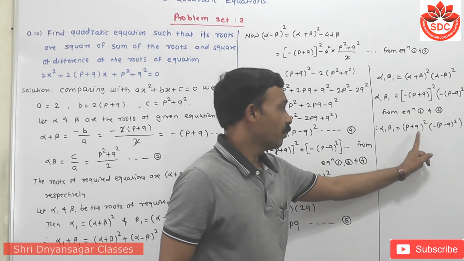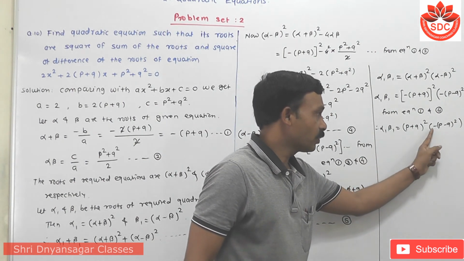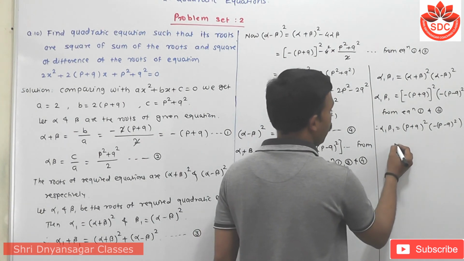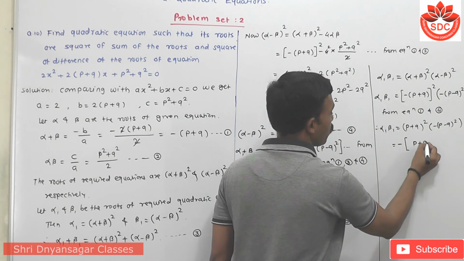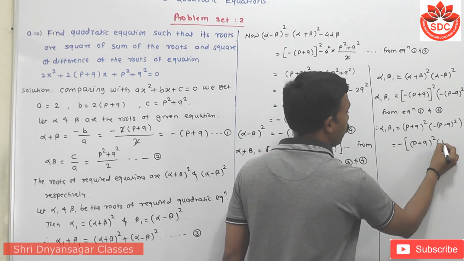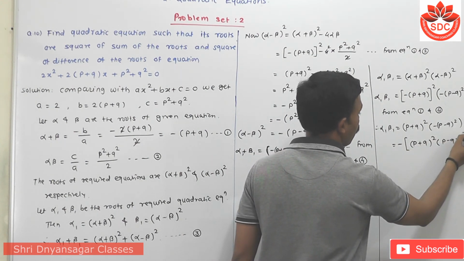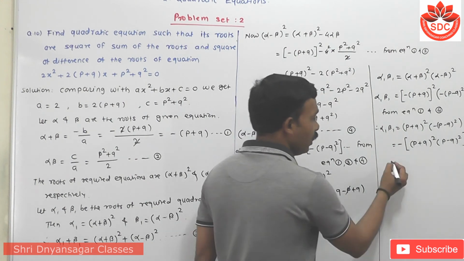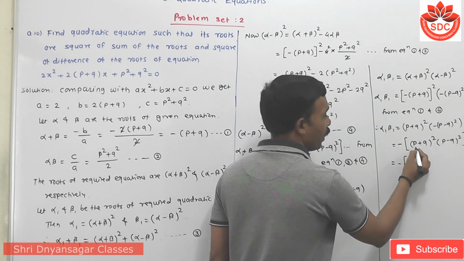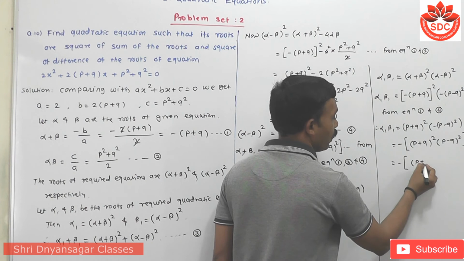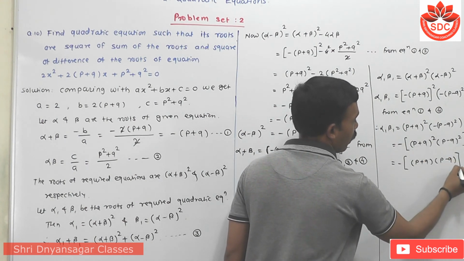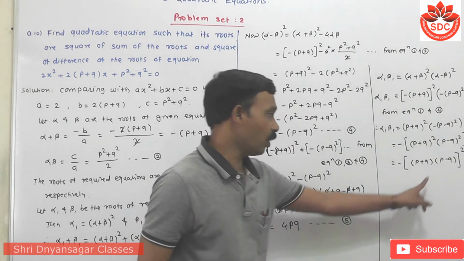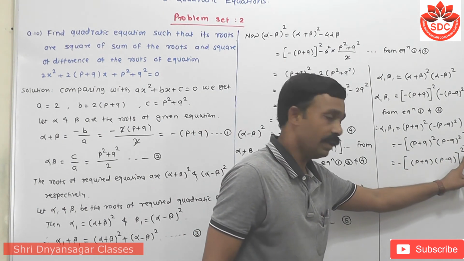Student, here both have a product. So this minus sign I have to write here: minus in bracket (p plus q) whole square, another one is (p minus q) whole square. Then in the next step I have to write in bracket p plus q, another one is p minus q, and this square I write as it is because here is the product.